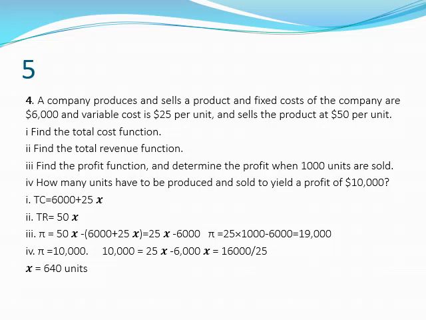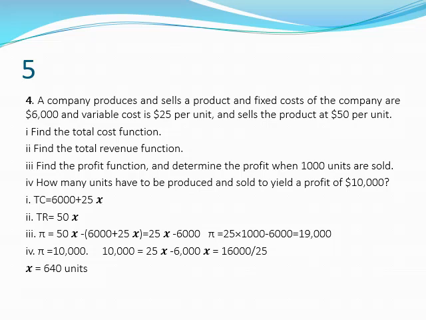TC equals fixed cost plus 25x. 25 is the variable cost per unit. TR equals 50x. Profit equals 50x minus 6,000 minus 25x, which equals 25x minus 6,000.